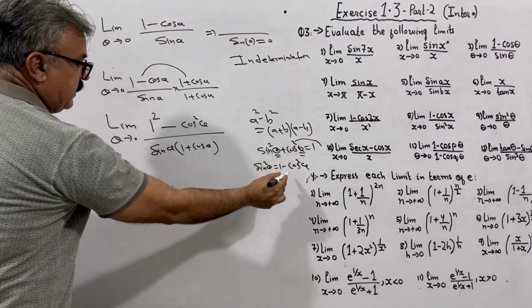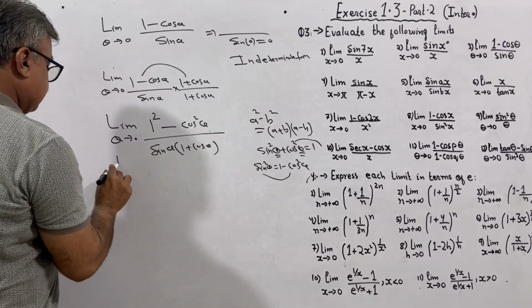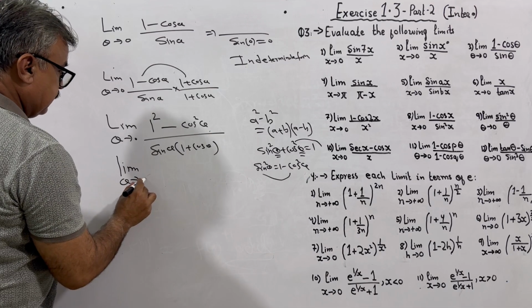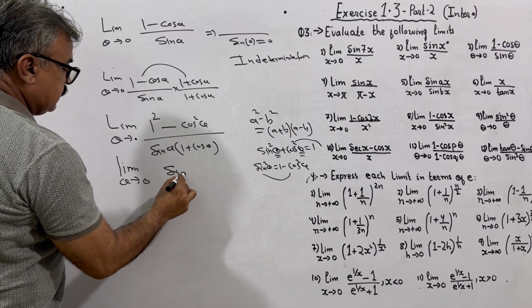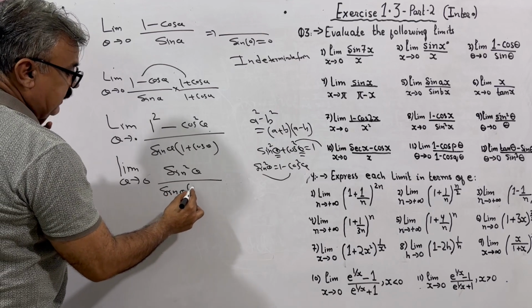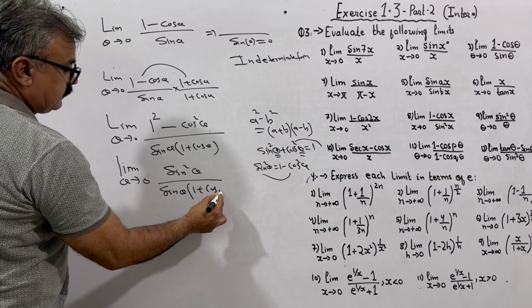Instead of 1 minus cos square, I can write sin square: limit theta tends to 0 of sin square theta over sin theta times 1 plus cos theta.